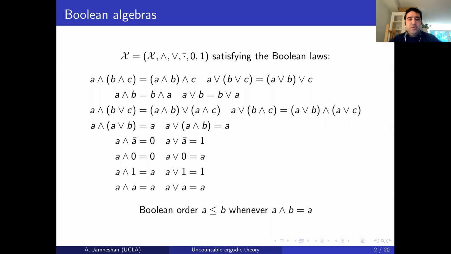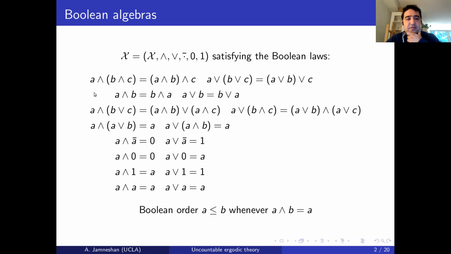So let's start with Boolean algebras. A Boolean algebra is a structure given by a set, two binary operations, a unary operation, and two distinguished elements 0 and 1, which satisfies the Boolean laws.